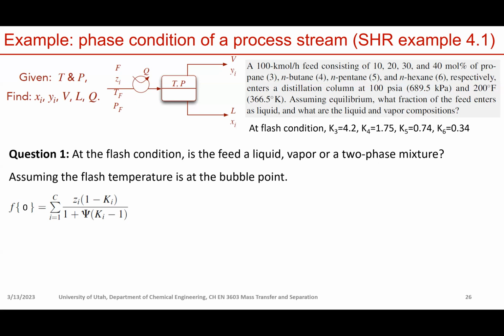So if we look at this equation, F0, plugging in psi equals 0 should give us a value of 0. If it's not 0, that means our assumption is not correct. Then depending on the value of this term, we can evaluate if the flash temperature is higher or lower than the bubble point.